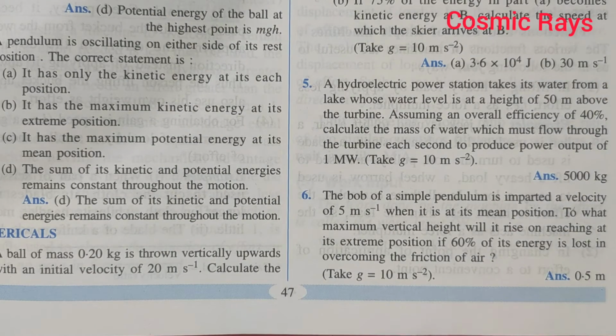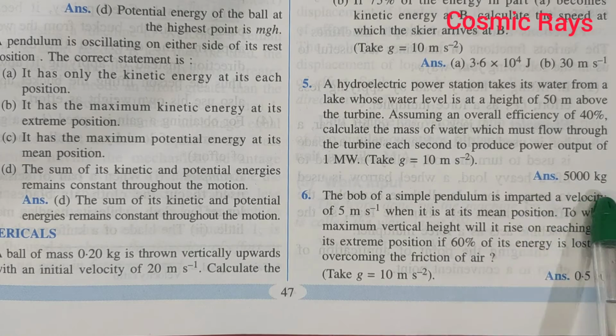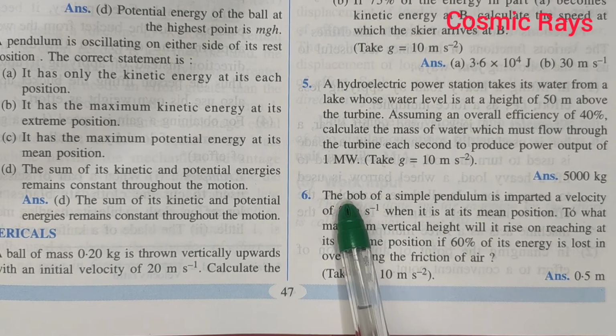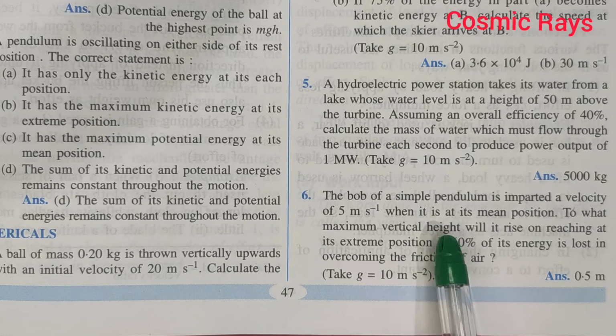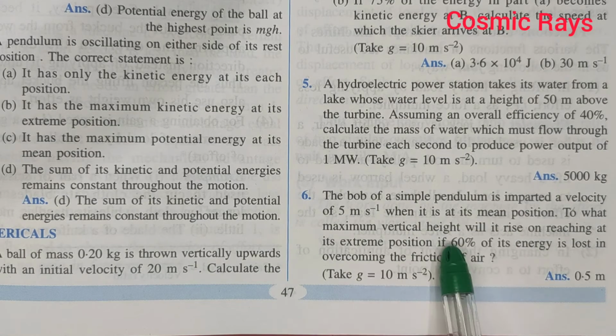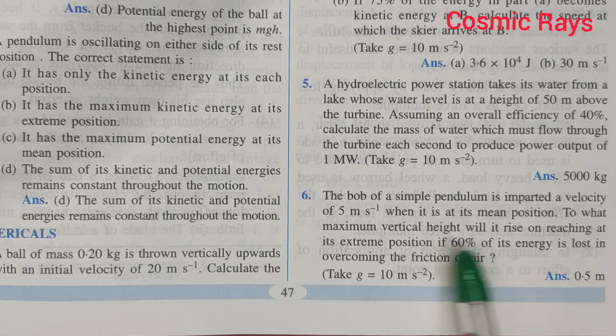Now let's look at the last question, which says the bob of a simple pendulum is imparted a velocity of 5 meter per second. We have been provided the velocity value when it is at its mean position. Now to what maximum vertical height will it rise on reaching the extreme position if 60% of its energy is lost in overcoming the friction of air?